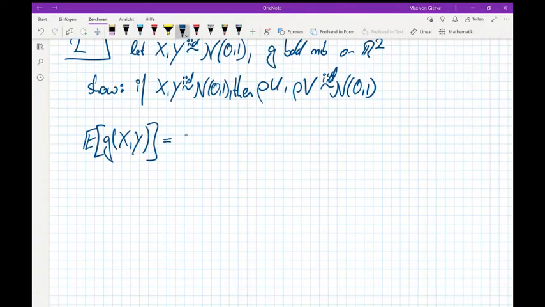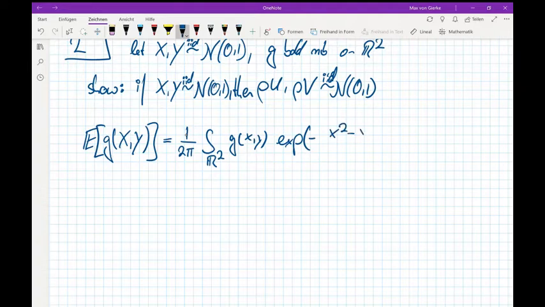Okay, we know that x and y are Gaussian, and they are independent, so we know their joint probability density, which lets us write this expectation into this: g of x y, exponential function of minus x squared plus y squared over 2, dx dy.